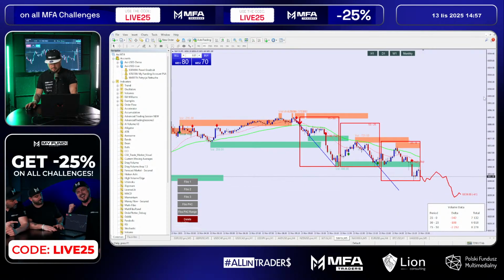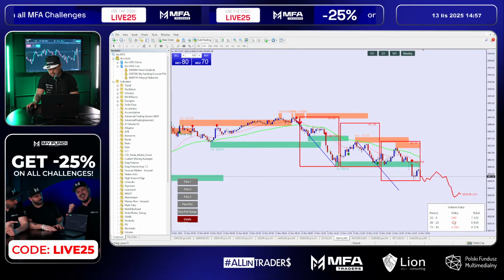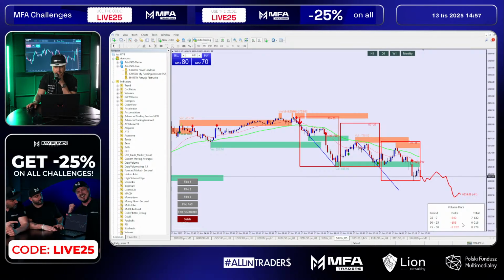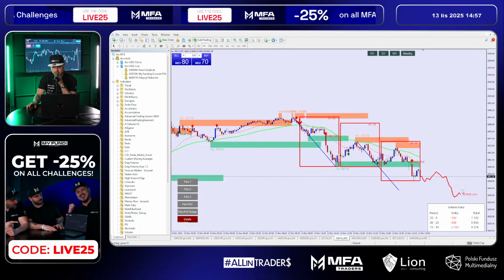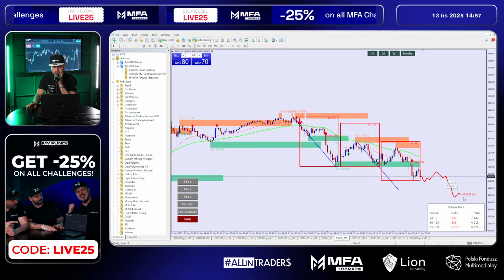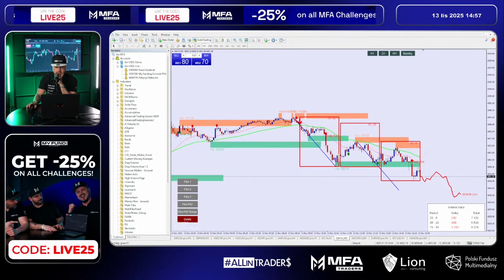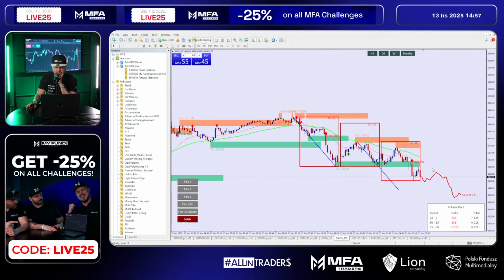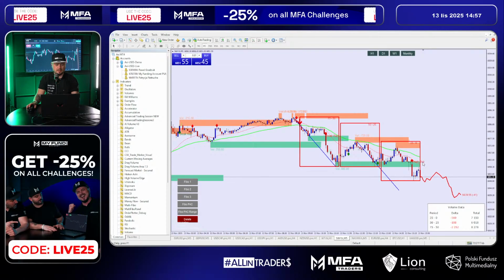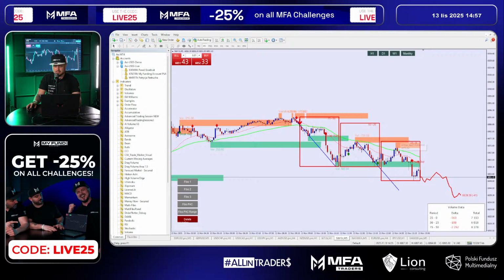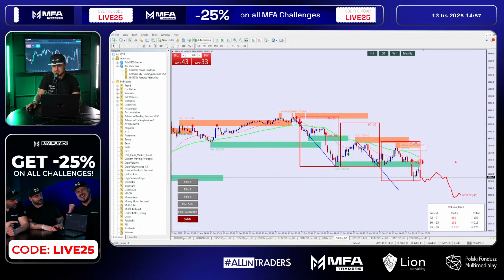Okay. We can see that the delta is bearish at this moment, and we may have a chance to go down. This is like a prediction of where the price will go. The only thing I need to see is the signal from the AI, so I need dots over here.